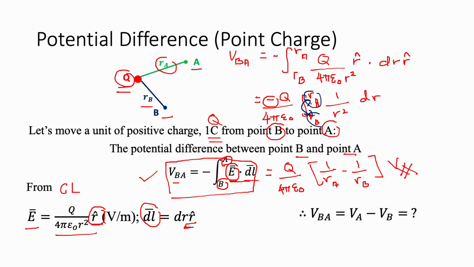So you can see the potential difference from point B to point A will be 1 over RA, which is the end position, minus 1 over RB, the initial position. Now let's say we want the absolute potential.